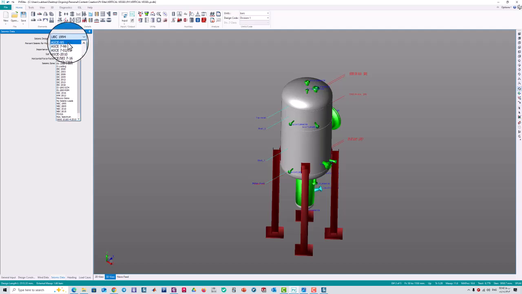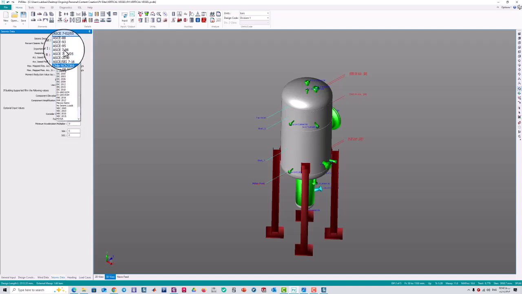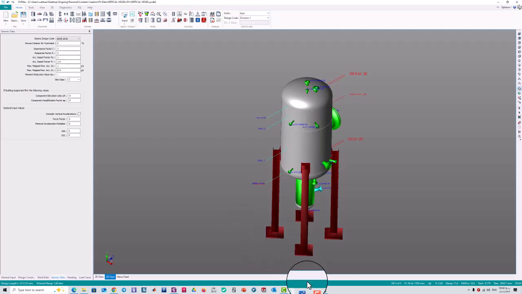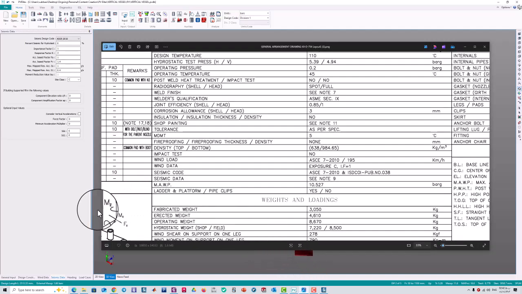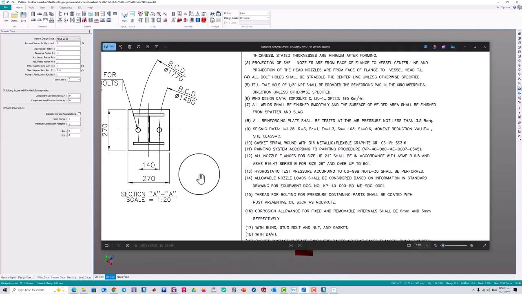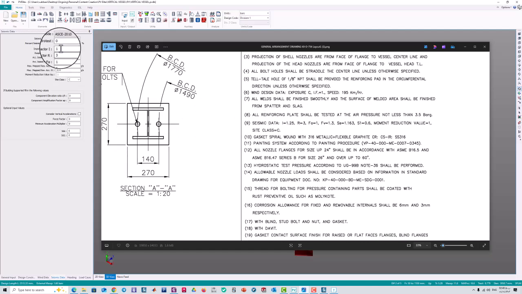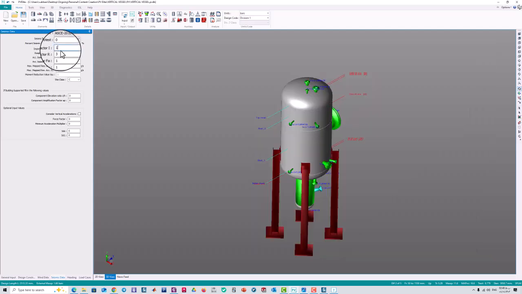I'll select it. And put the coefficient in accordance to the DWG.